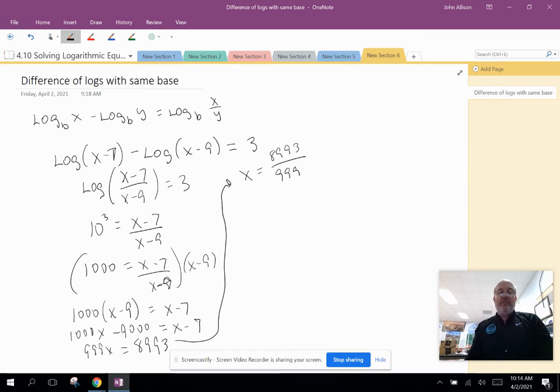Let's type this in the calculator and see if it's larger than 9. 8993 divided by 999. That is larger than 9, just barely. It's 9.002. So if I plug this in here, it will give me a positive number. If I plug it in here, it will give me a positive number. So this is a valid solution.